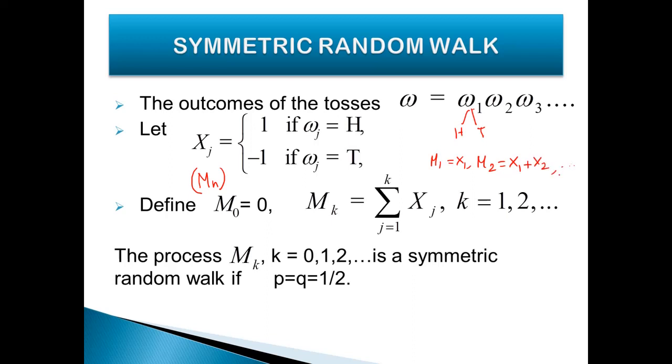In this process, this is the probability of head p, and this is the probability of tail q. If these two are the same, then we call this a symmetric random walk. In our course, in our future discussion, we always consider a symmetric random walk, p equals q. So whenever we get a p minus q term, we can consider this equal to 0.